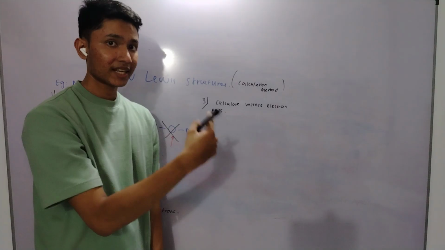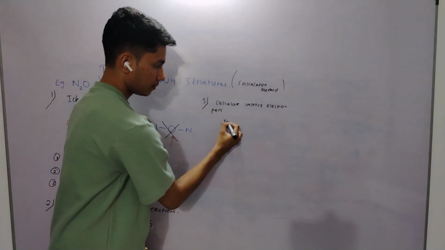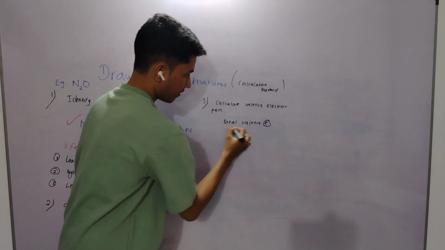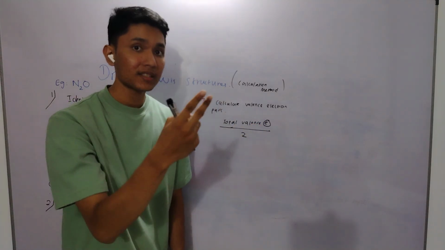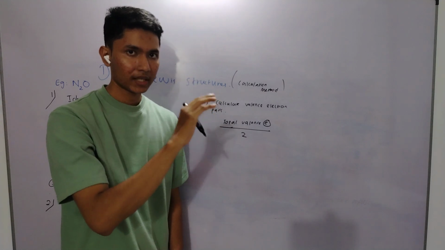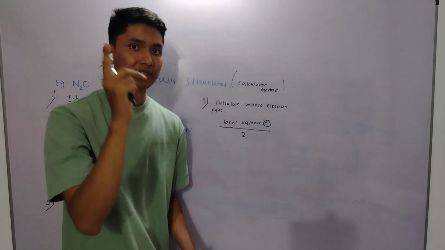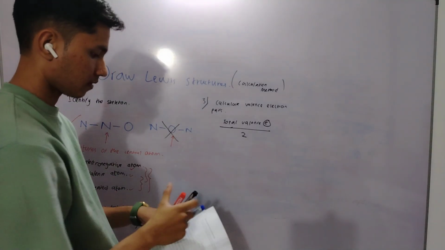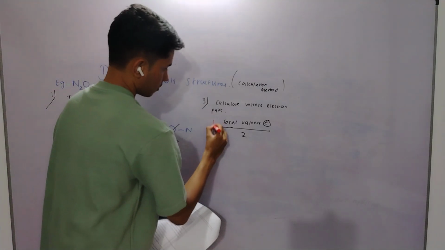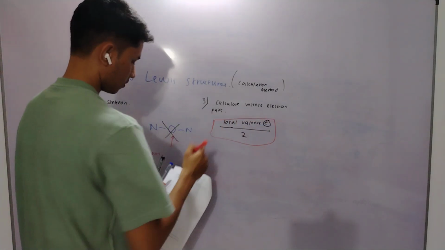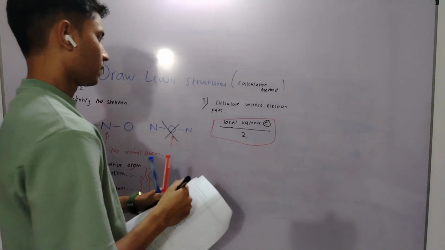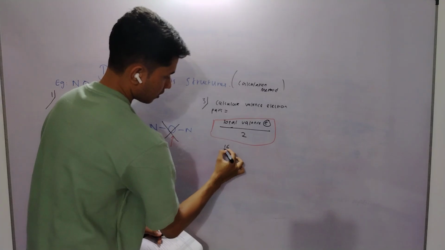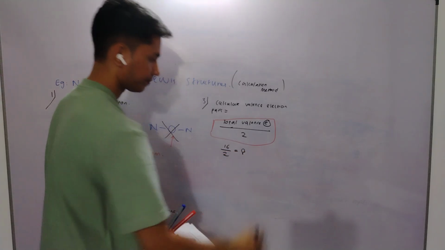Valence electron pairs means the total valence electrons divided by 2, because an electron pair means 2 electrons. Total valence electrons divided by 2 will give you the number of valence electron pairs. So for this one, 16 divided by 2 will be 8.